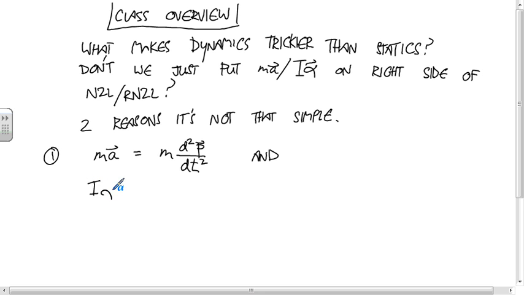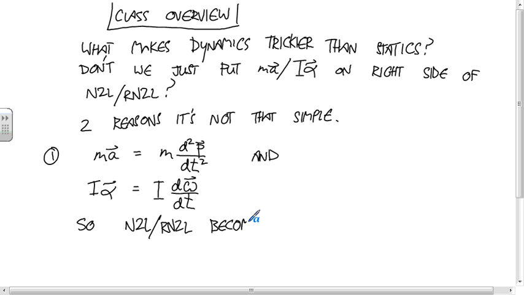And I alpha is I times the derivative of the angular velocity with respect to time. So Newton's second law and the rotational equation become ordinary differential equations. We've already talked a little bit about ordinary differential equations, and that just complicates the math a little bit. Now, everything goes from being algebraic equations to being differential equations.